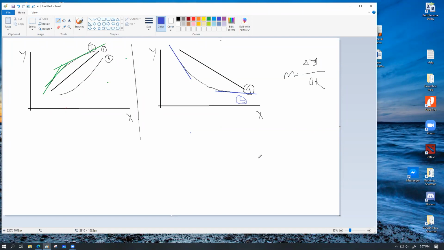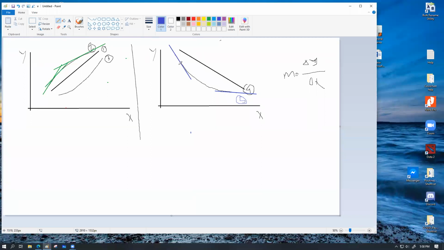We don't usually cover the idea of their absolute sign plus or minus in the discussion of gradient. Let me elaborate what I mean. This line is more steep compared to this line. So if you draw a right angle triangle over here and draw a right angle triangle over here, obviously this is going to give you a much bigger m value, del y by del x, in terms of magnitude.